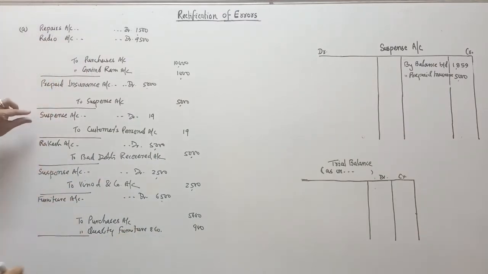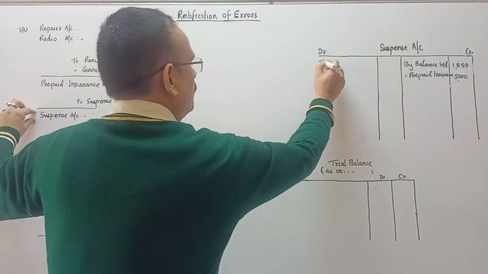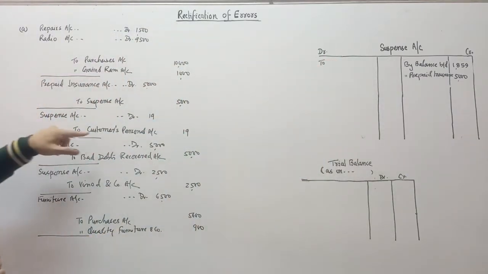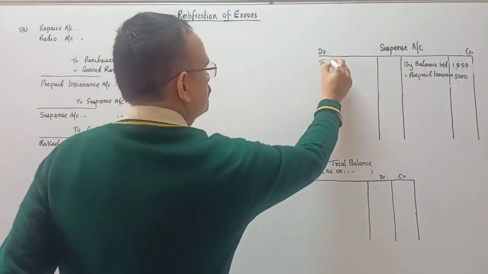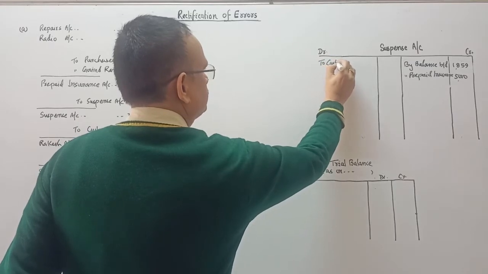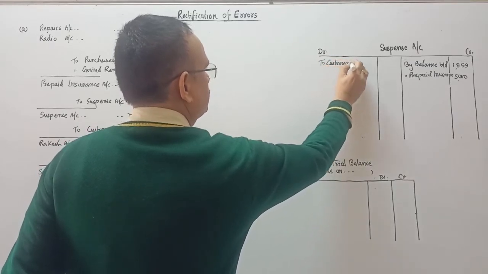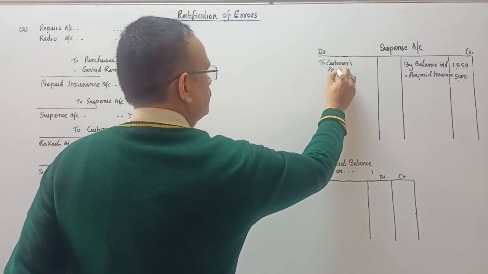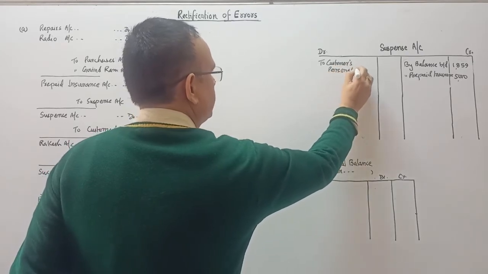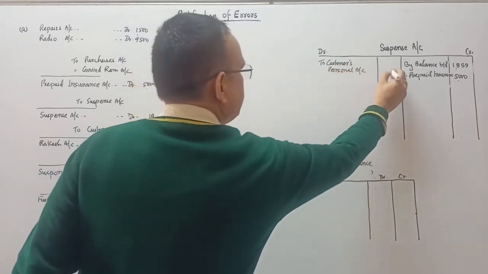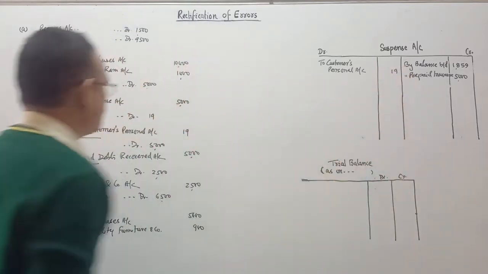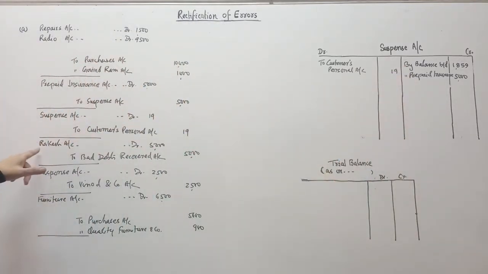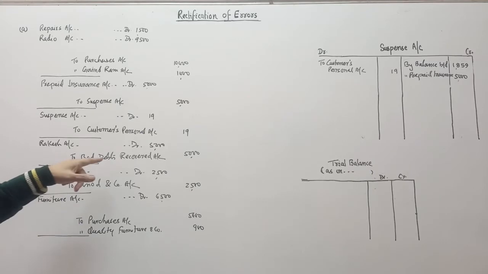Now coming to the next, suspense is debit. So on the debit side we will write, to customer's personal account, that is 19 rupees. Now coming to the next, Rakesh to bad debts recovered.